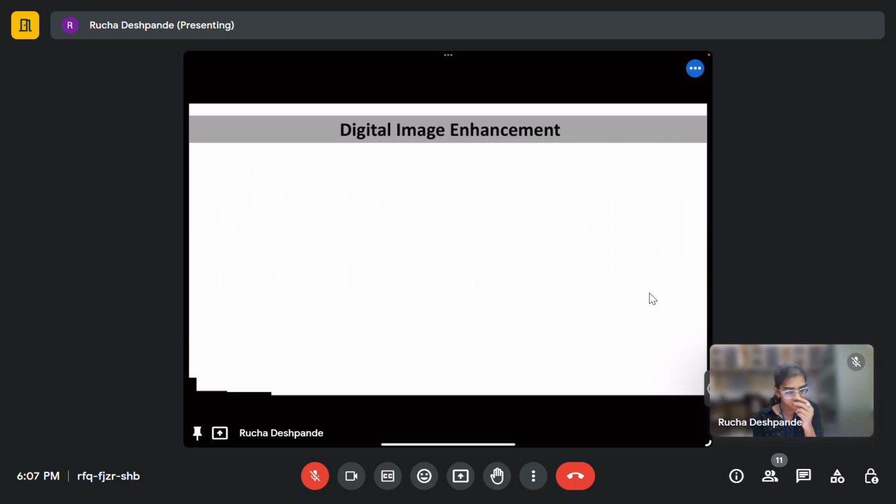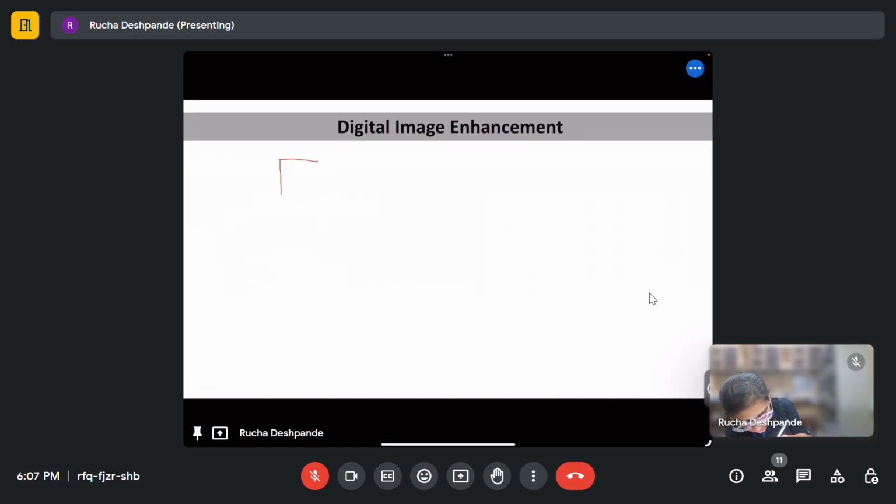So a transform function is used to map the input image, the raw image, into the output image.